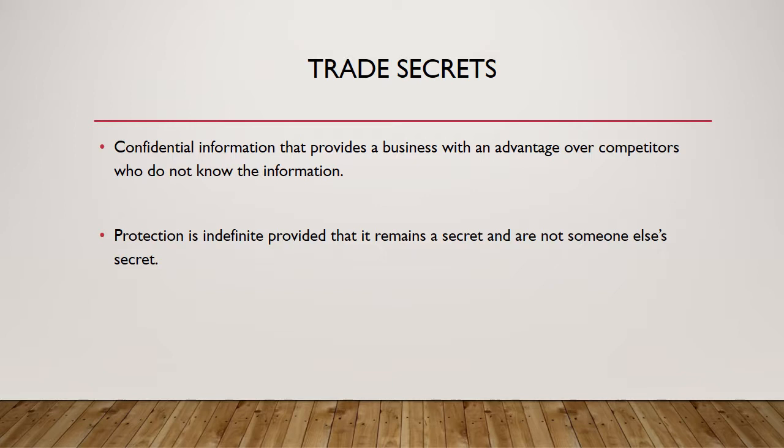It'll have indefinite protection as long as you don't disclose it. If you disclose something as a trade secret, then you can't expect to be able to go back and keep it a secret if you've already made it public. And then on top of that, you have to be sure that it's not someone else's secret. So if you've misappropriated something from somebody, you can't have something that's a trade secret if it really came from another company.